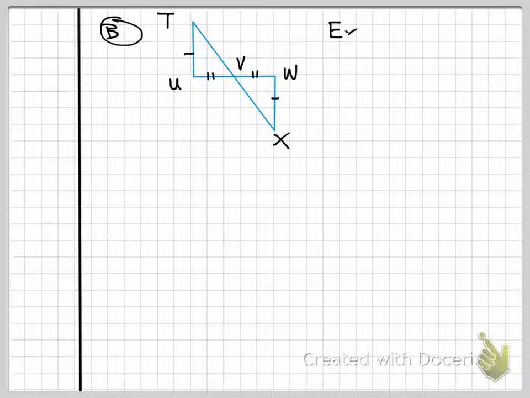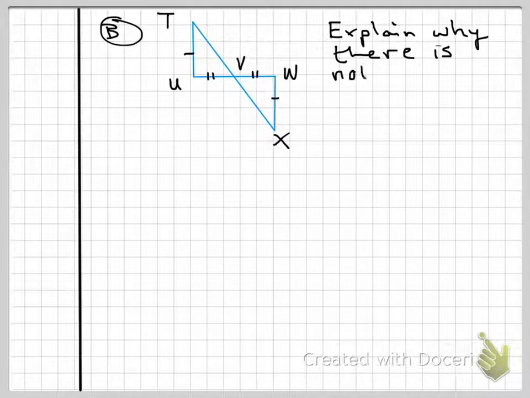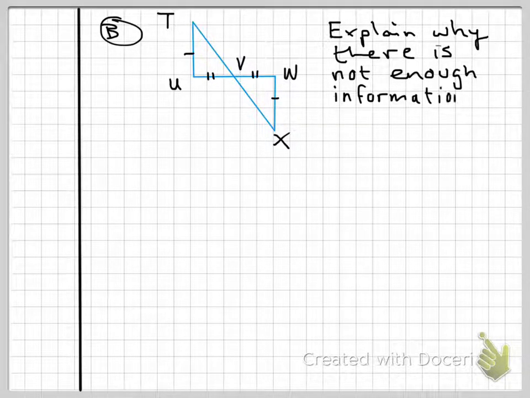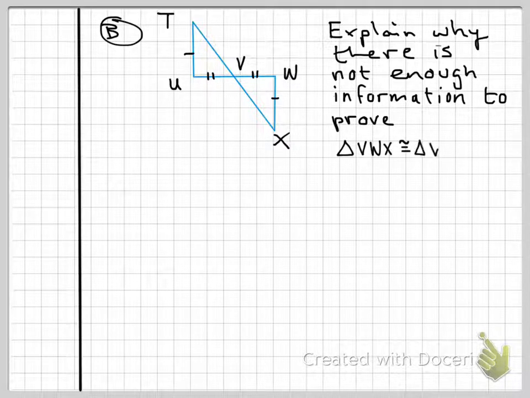Example B, I have a figure here, so I'm going to try to explain why there's not enough information to prove that VWX is congruent to VUT. I can start with what information I do know.